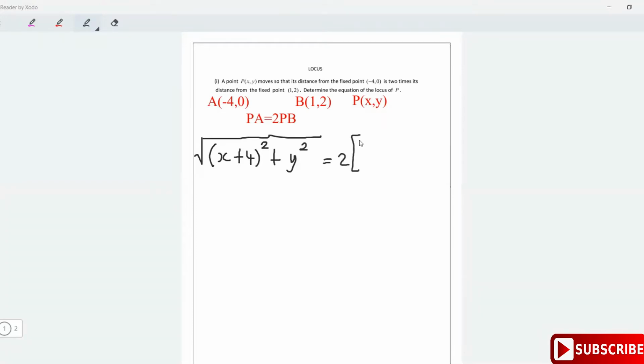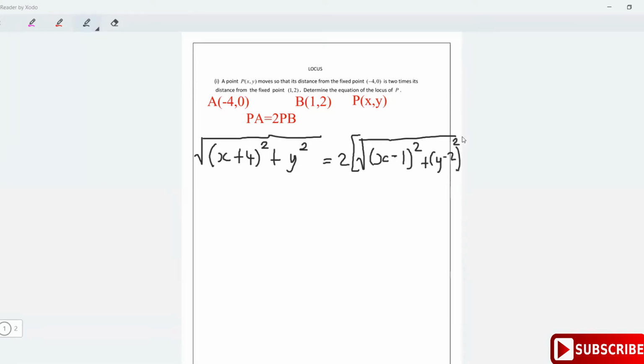Now the distance of PB is just going to be the square root of x minus 1 squared plus y minus 2 squared, all square rooted. So this is the locus.